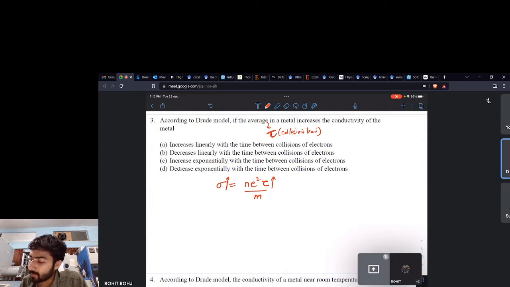I think this question was not there in the quiz. There were three questions on this conductivity. The first one was, according to Drude model, the conductivity of the metal, then there were 4 options. The second question was, according to Drude model, the conductivity of the metal near room temperature.